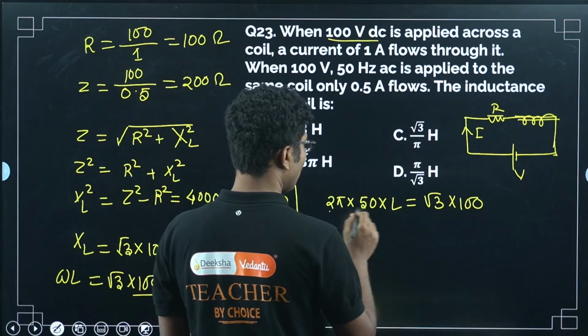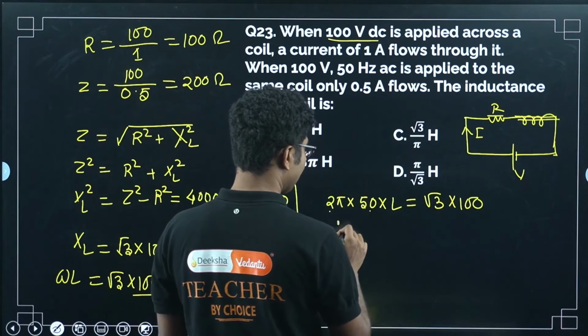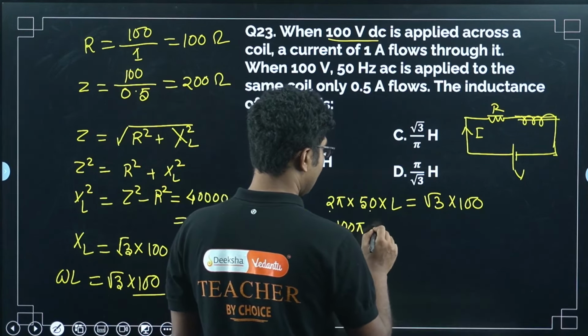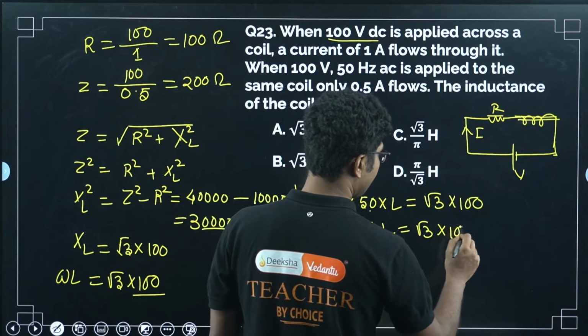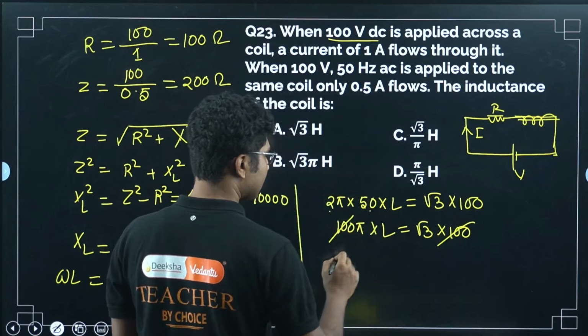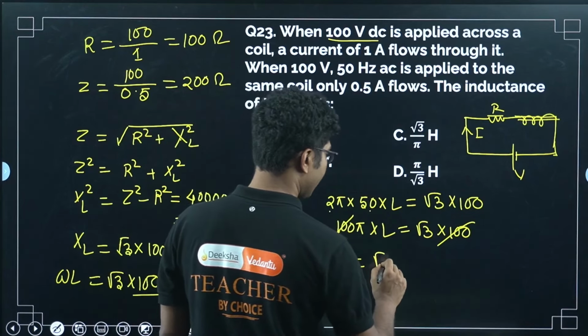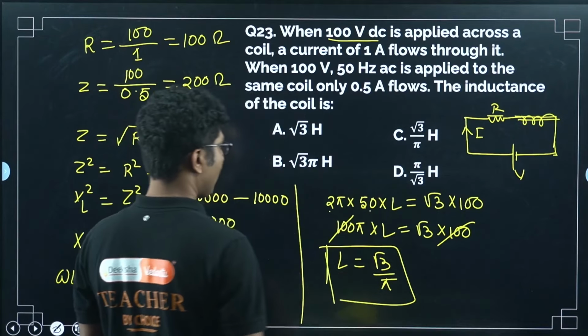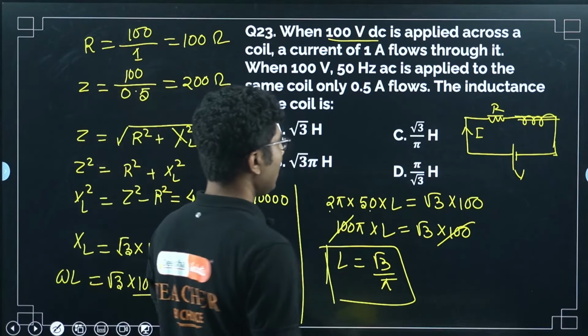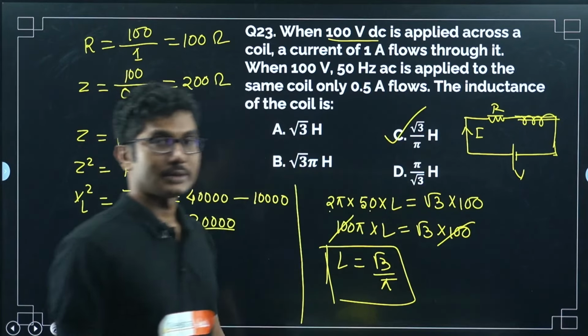So 2 pi 50 means 100 pi times L is equal to root 3 times 100. So this 100 cancels, and L is equal to root 3 by pi. So the correct answer is option C.